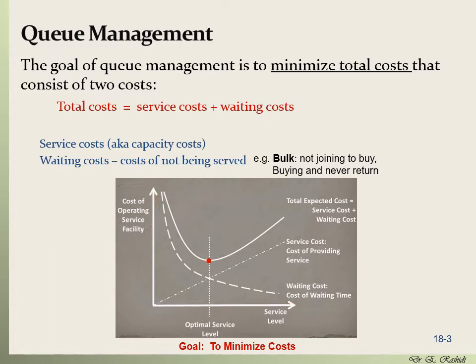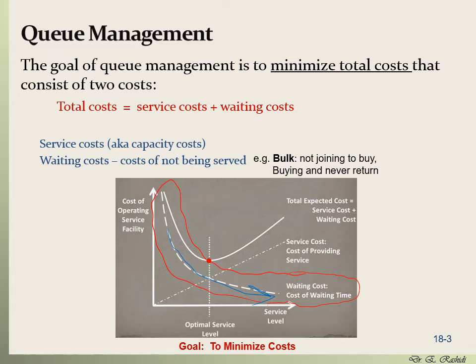So now let's plot the cost of queue on this plot. So this is the waiting cost associated with waiting time. As you see here from left to right, as we increase the level of service or increase the capacity, the cost associated with waiting time is going to decrease.